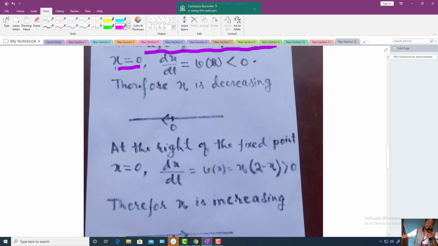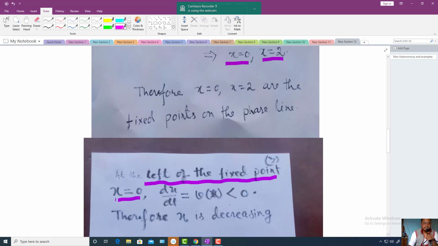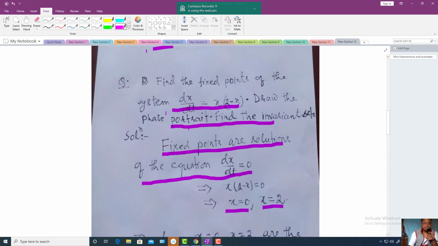Next, let us see the right of the fixed point, that means some small positive number. Let us see what the behavior is. When you take some small positive number, small in the sense that it is less than 2, then 2 - x will be positive, and x is positive, so positive into positive is a positive number.